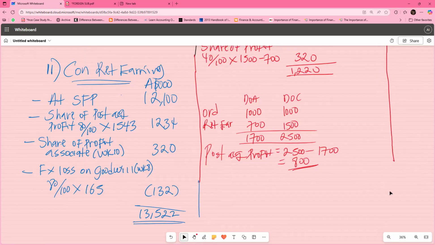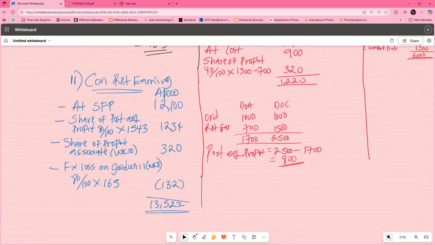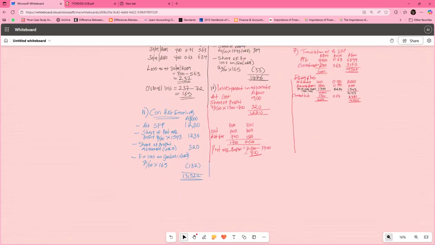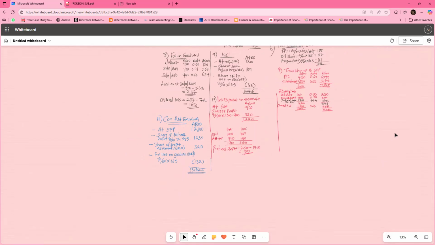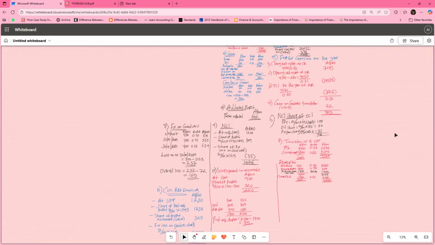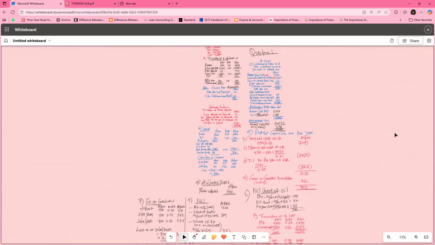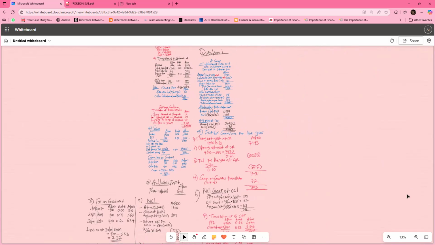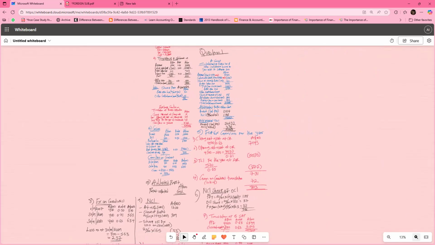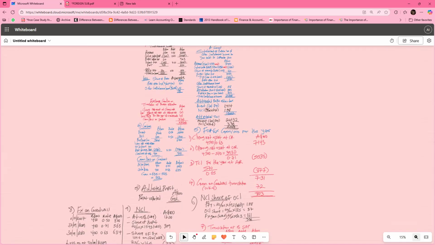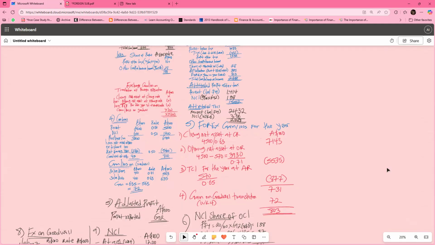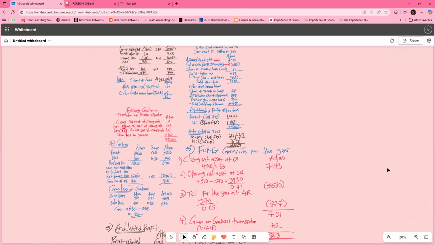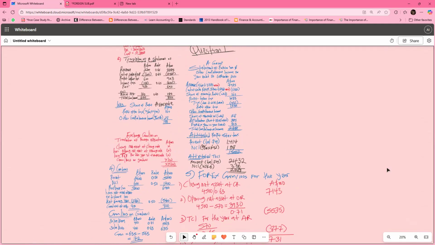So the next thing that we can do, let me zoom it out. As my brain is informing me for now, this is all the working relating to this particular question.